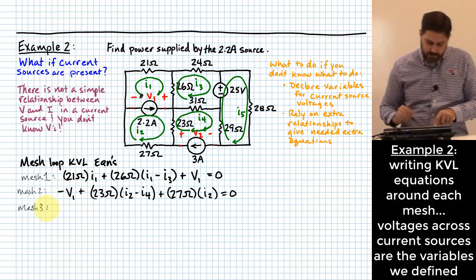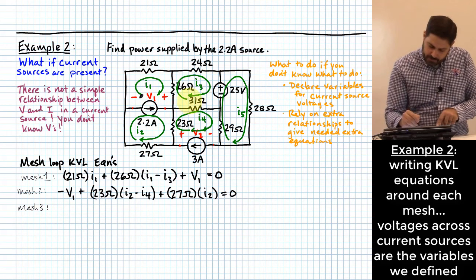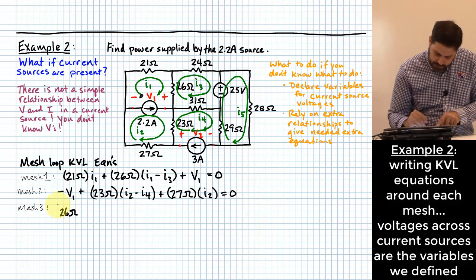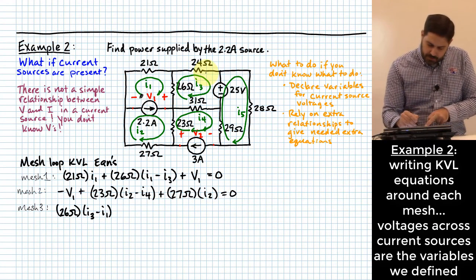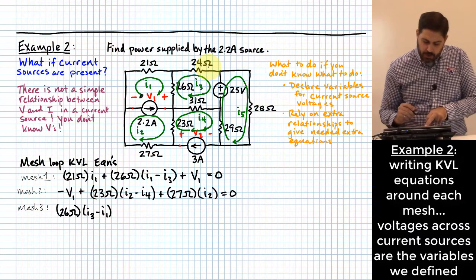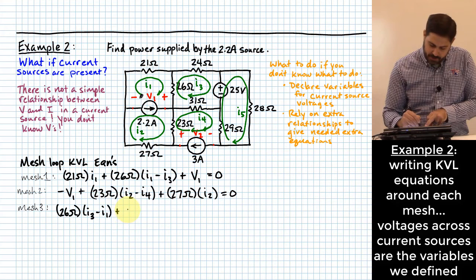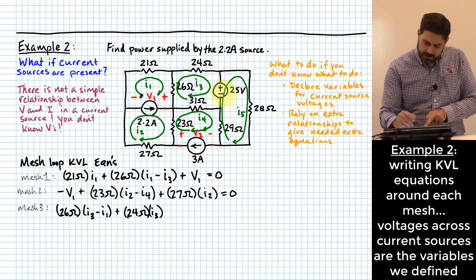Mesh 3, we'll just keep on working on all these. For mesh 3, I'm going to have I3 minus I1 times 26 ohms. I'll do the 26 ohms first here. Then I go up to the 24 ohm. What currents are involved in the 24 ohm resistor up here? Just I3. So I have 24 ohms, I3. Then I hit this voltage source.